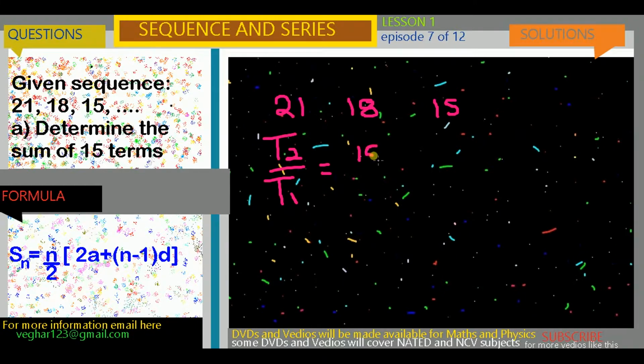Term number 2, it's 18 divided by term number 1, which is 21, which is 0.85 something. Term number 3 over term 2, it's 15 over 18.